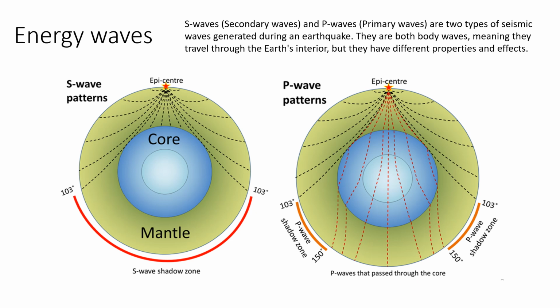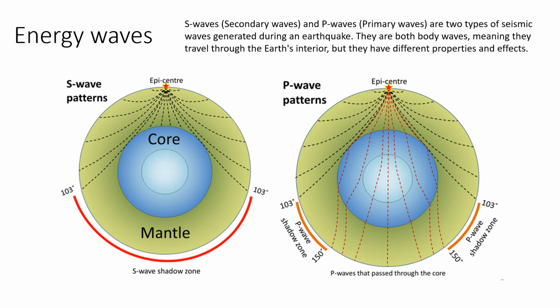Whereas P waves will move through the core, but will be refracted and have slightly different movement. There are two small areas called P shadow zones as well. The difference is important because both of these can be detected by seismographs.